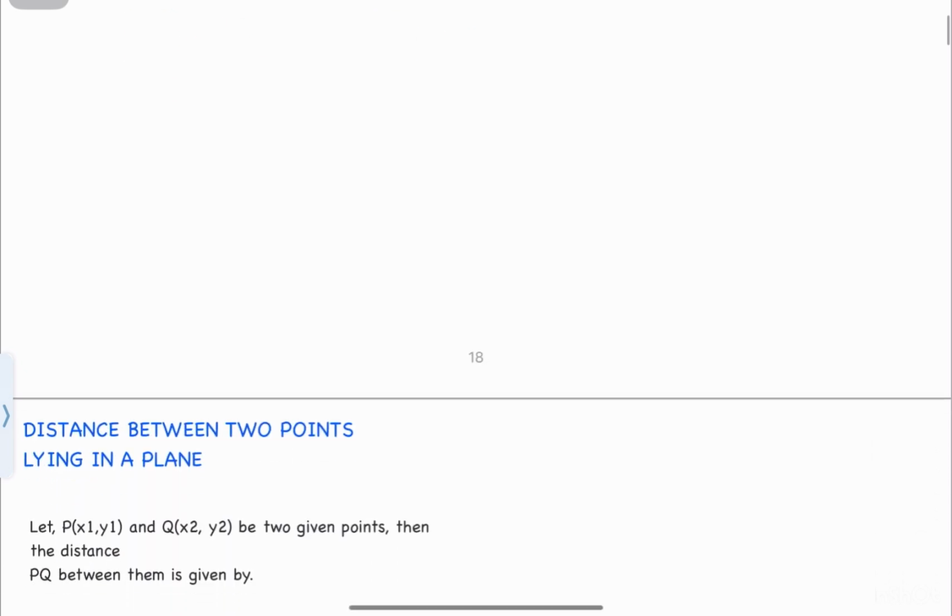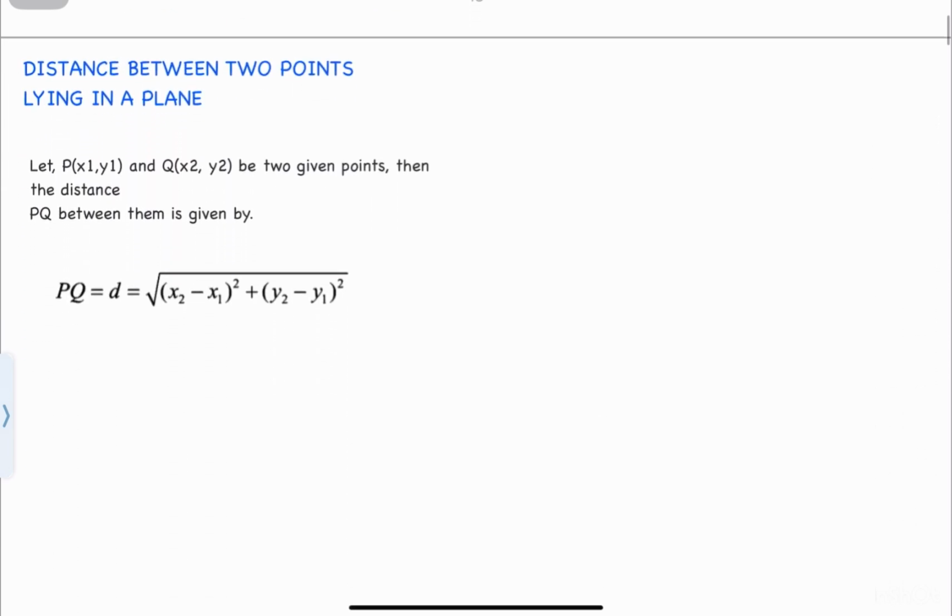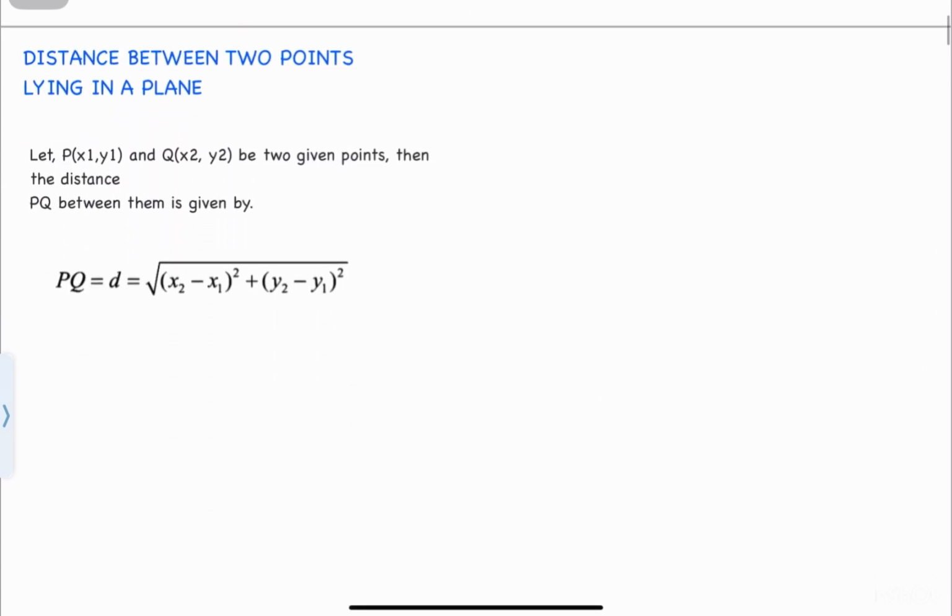Okay, next, distance between two points. This has more applications in this chapter, so try to understand. If P and Q are two points, then what will be the distance between those two points?